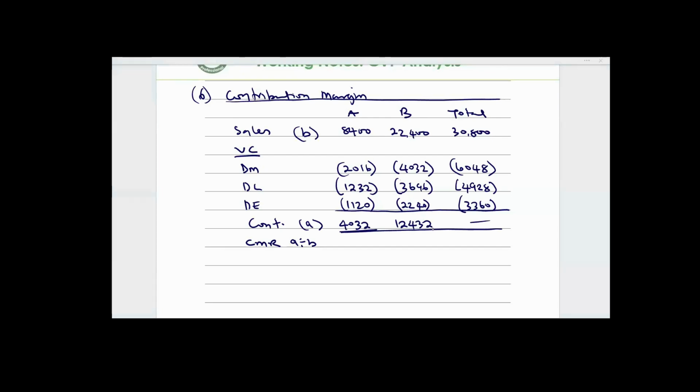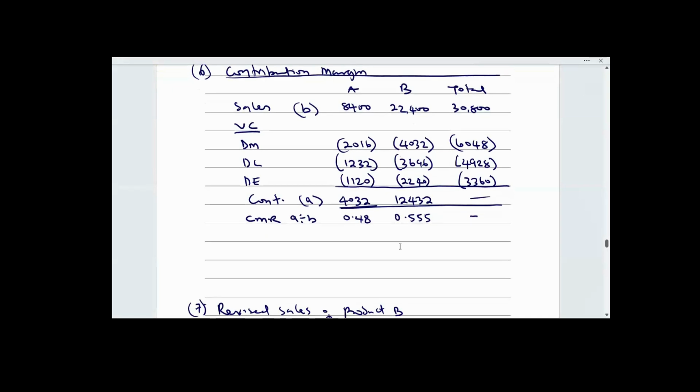For product A, 4032 divided by 84 gives 0.48, which is 48%. For product B, 12,432 divided by 22,400 gives 0.555.